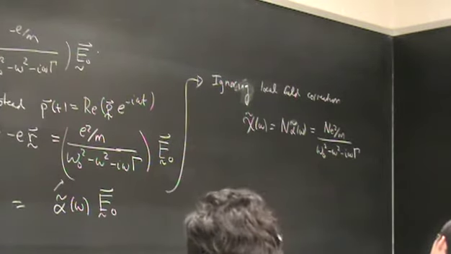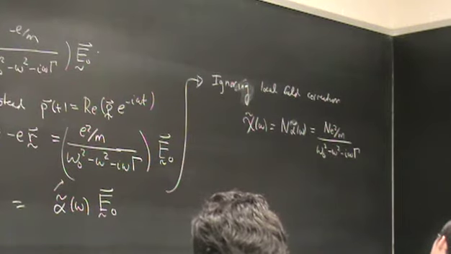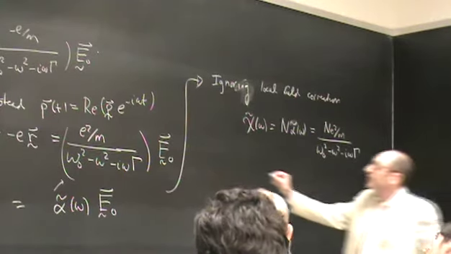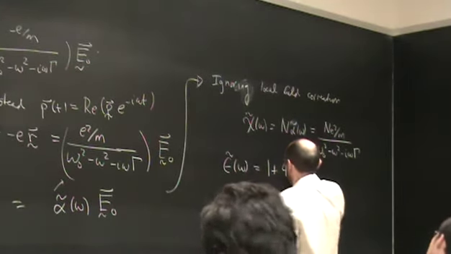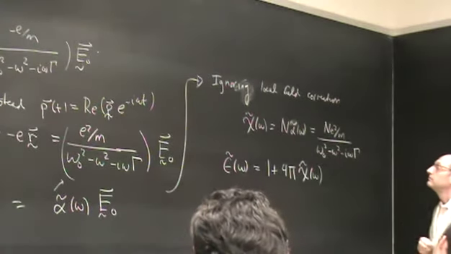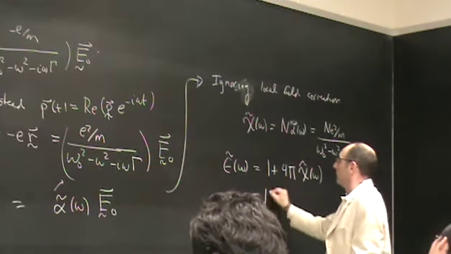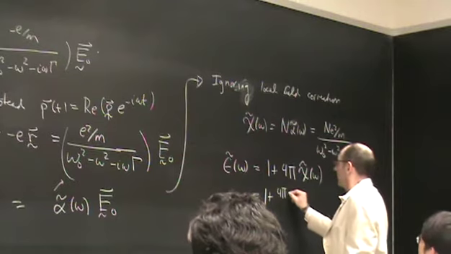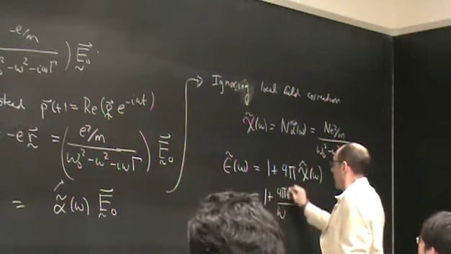And thus, what is the index of refraction? Well, what's the dielectric constant associated with this collection of molecules? Dielectric constant, you'll remember, is 1 plus 4 pi chi. So that's equal to 1 plus 4 pi e squared over m. There's an n here.